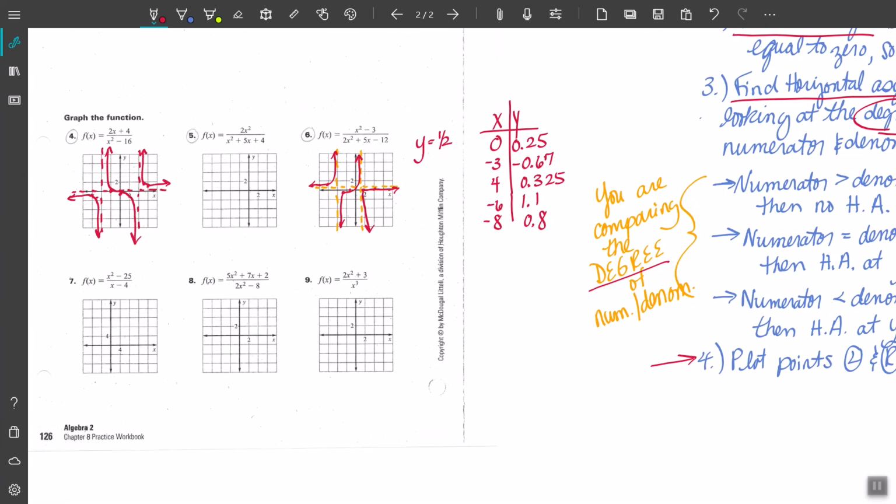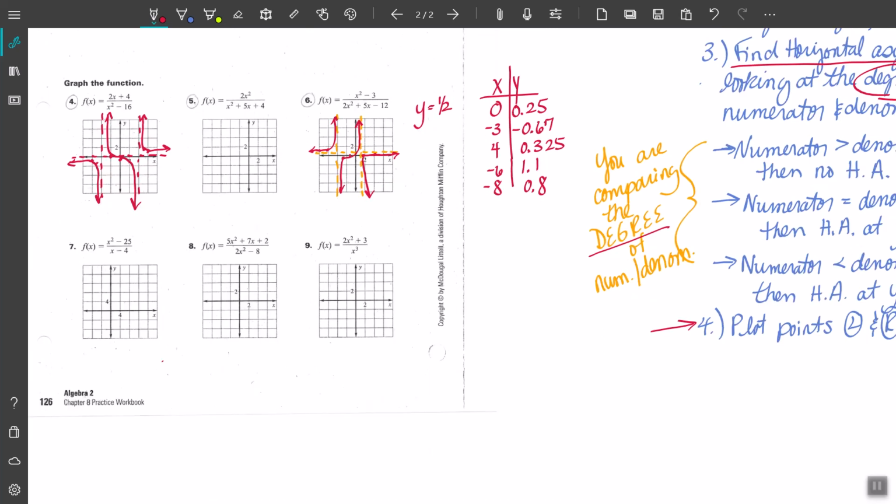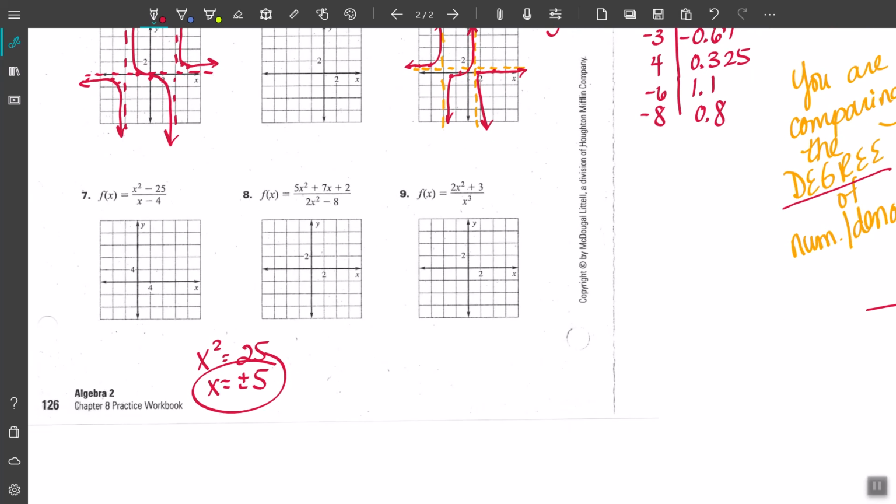I want to look at number 7 as well because it's a little bit different than the other ones. So I want you to see that they're not always going to look like 4 and 6 look here. In number 7, we will find our x-intercepts first, and that would be at x squared equals 25, so we're going to have x-intercepts at positive and negative 5, and they have numbered by 4s, which is going to make this a little bit more challenging, but there's our x-intercepts.